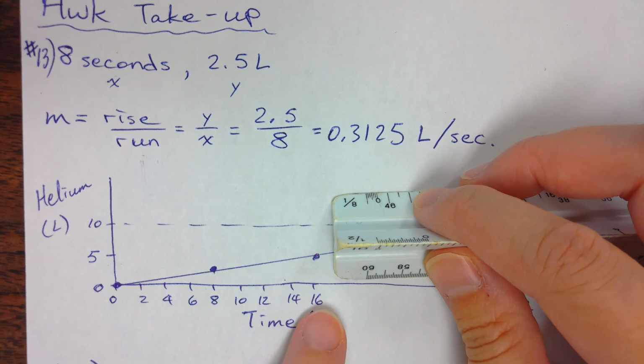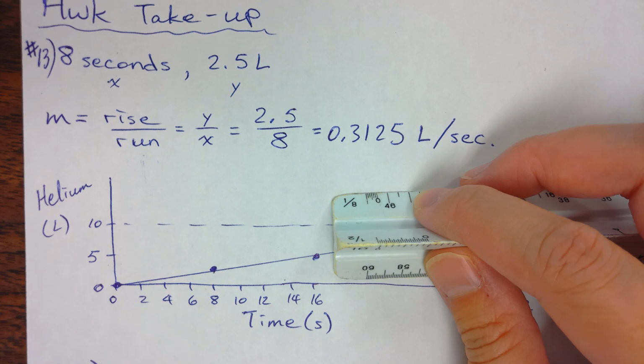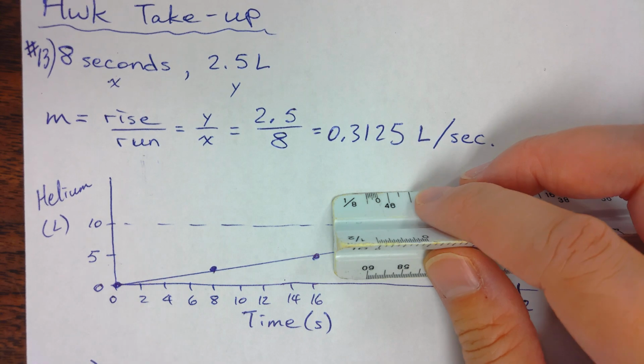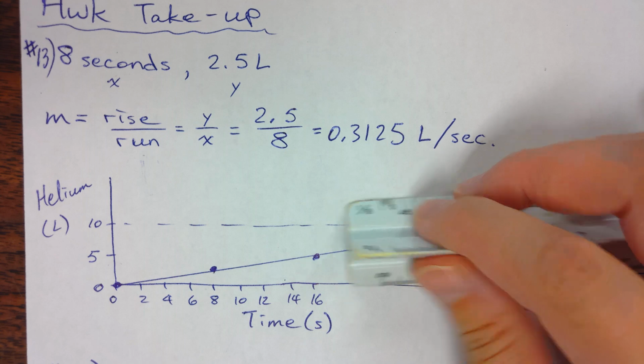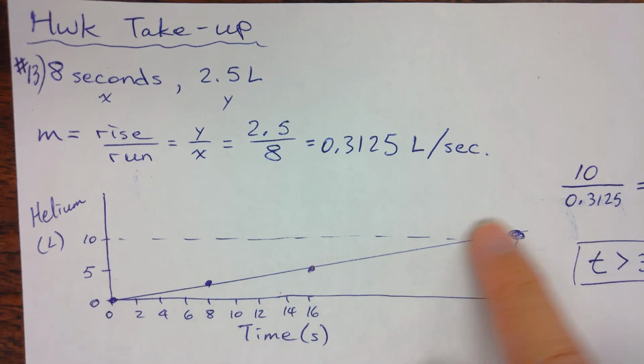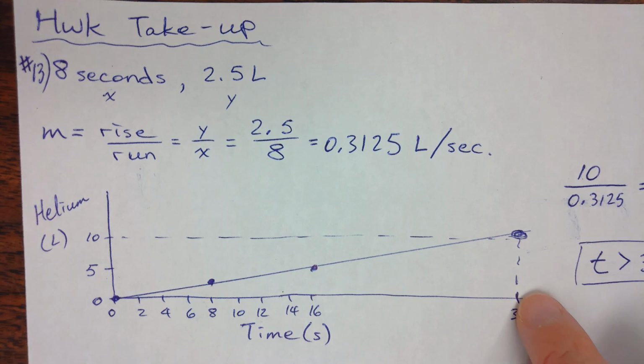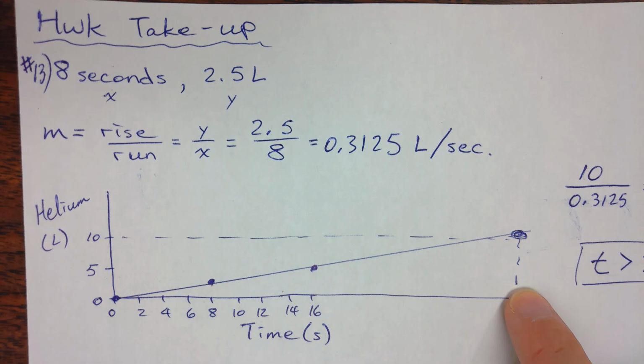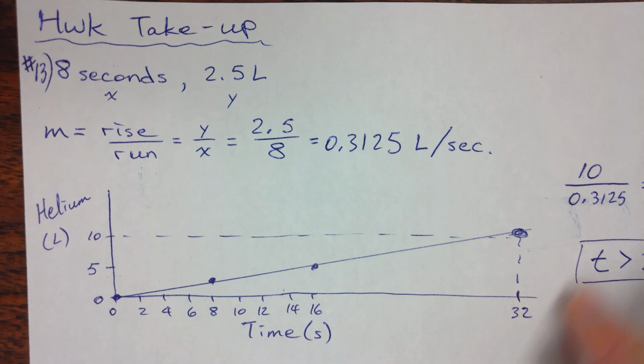Double that. So 16 for 5, I want for 10. Oh, 32. 32, good job. All right, so if you were to graph it and continue to graph, you'll see that for 10 liters, it's going to take 32 seconds.